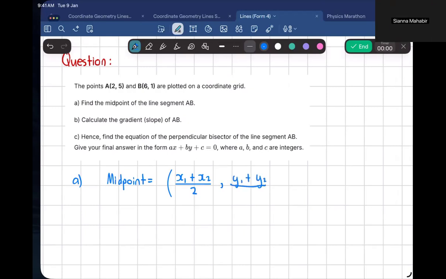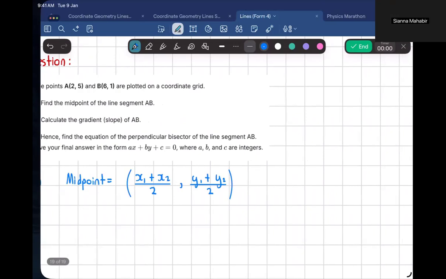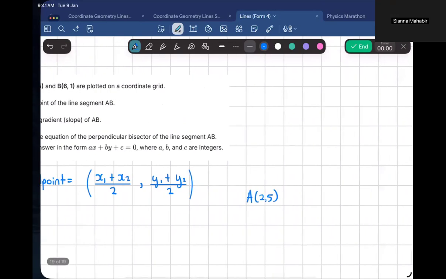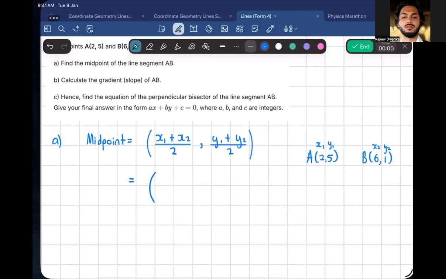So you'll write the A, and then the 2 and the 5 in brackets, and then the B and the 6 and the 1. For the A, the 2 would represent x1, and in the B the 6 would represent x2 and the 1 would represent y2. Lovely.